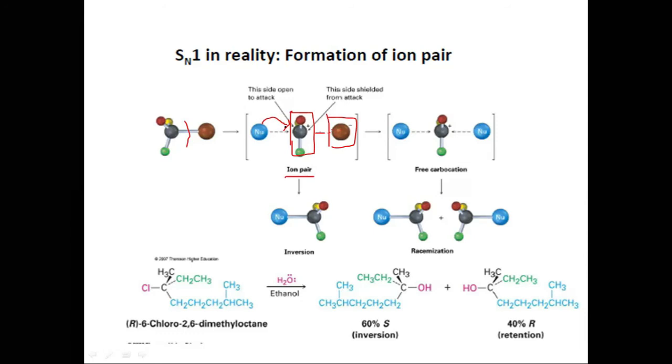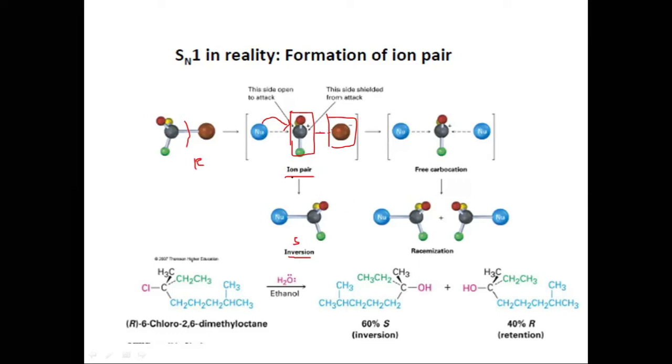So whenever the carbocation and the leaving group are in the ion pair state, the nucleophile prefers to attack from the backside. Always you will end up with the inversion product, because of this flipping. If you have an R configuration here, and the nucleophile attacks from the backside, you will get the S configured optically active substrate.